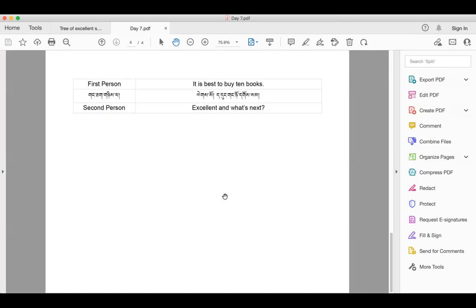Khatu, khangtu, either khatu or khangtu. Both of these are correct. But khatu is used more often, and it's more familiar with people who have studied the spoken language a little bit.